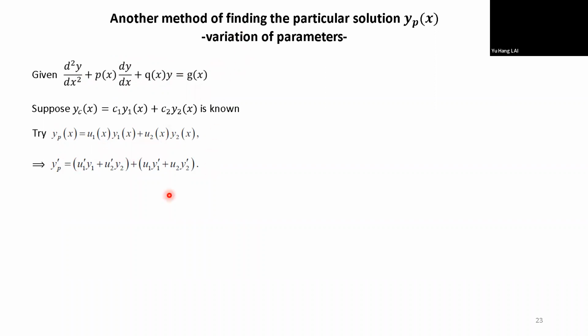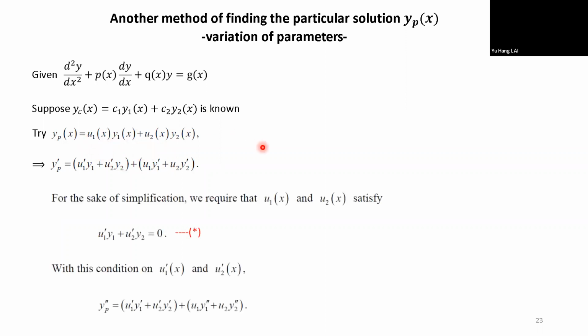Now, we have the degree of freedom to actually simplify the problem a little bit. We basically say that the u1 and u2 we are looking for have to satisfy this relation, which means this whole term goes to 0.